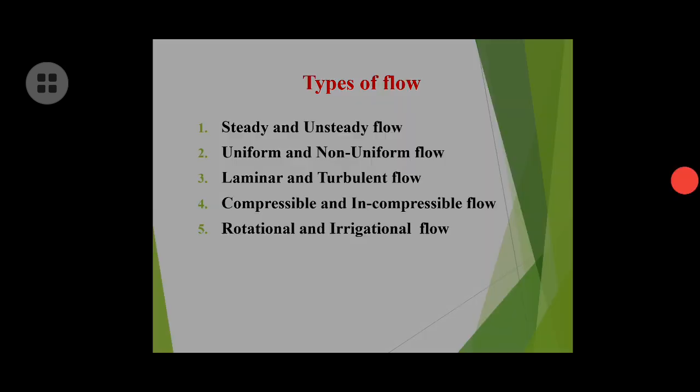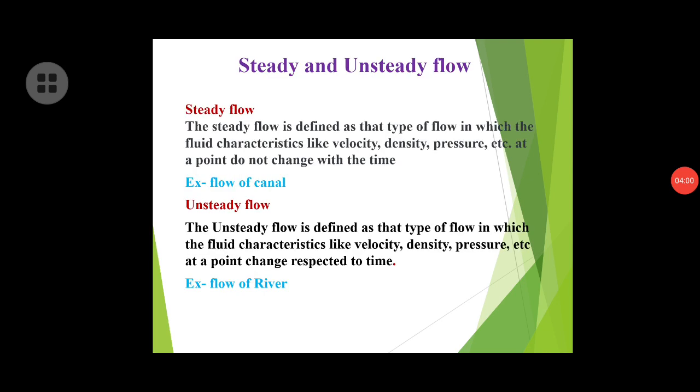So let's start. Steady flow is the type of flow in which fluid characteristics like velocity, density, and pressure do not change with time. An example is flow in a canal.